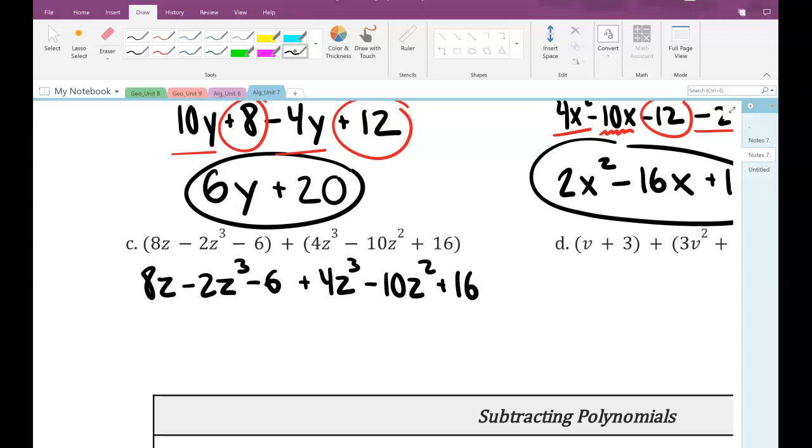So look at what power is the biggest. We have to the power of 3 and to the power of 3. That's our highest degree term, so I'm going to combine those first. So if I take negative 2z to the third plus 4z to the third, I would get 2z to the third.